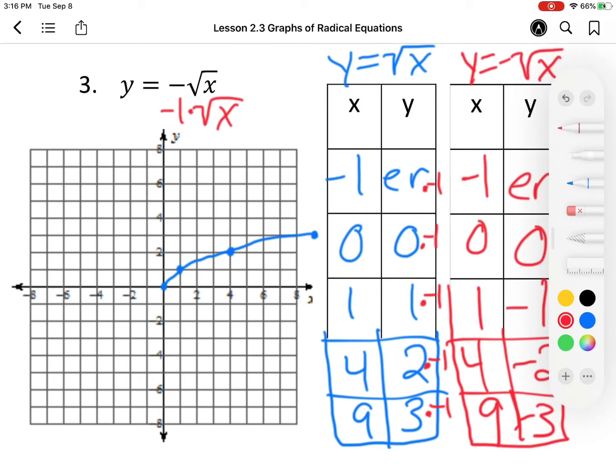And then our new equation is that 0, 0, 1, -1, 4, -2, and that 9, -3. So just a mirror over the x-axis.